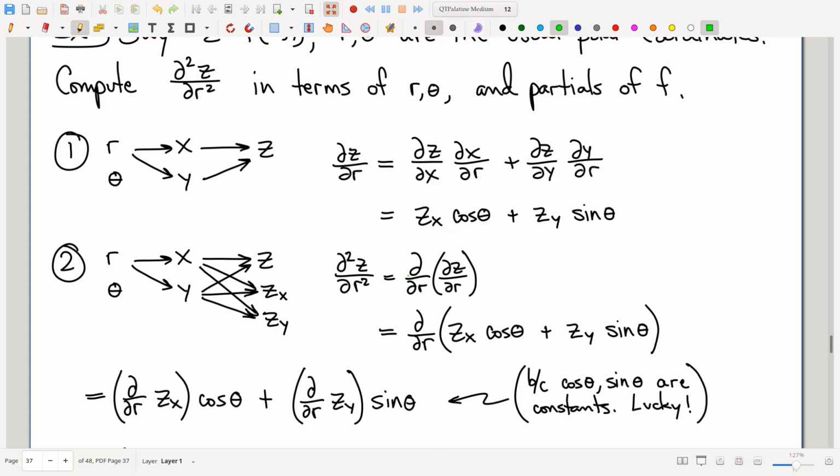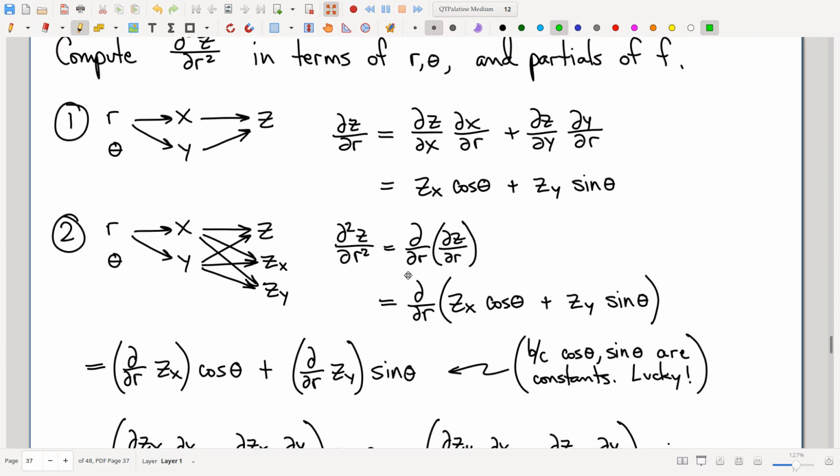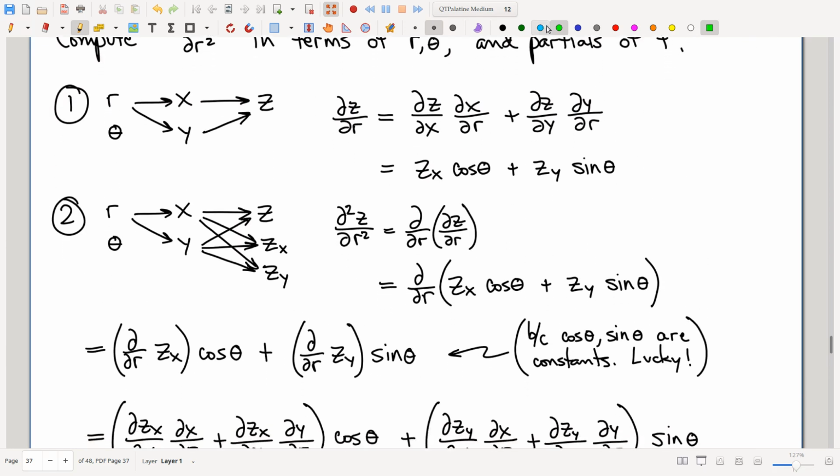Okay, so that's how you do second partials. Again, the key point is once the partials start to show up, like the zx and the zy, don't forget to append them to the diagram. And everything else that we did in this question is stuff that y'all were perfectly capable of doing before today's lecture. It's just a matter of going slowly and carefully and thinking about what's a function of what and following paths and being careful about constants.